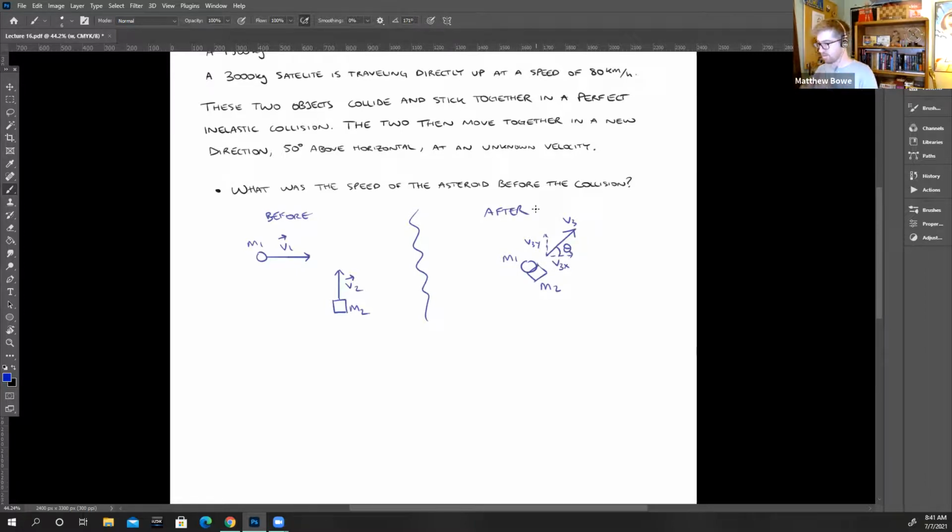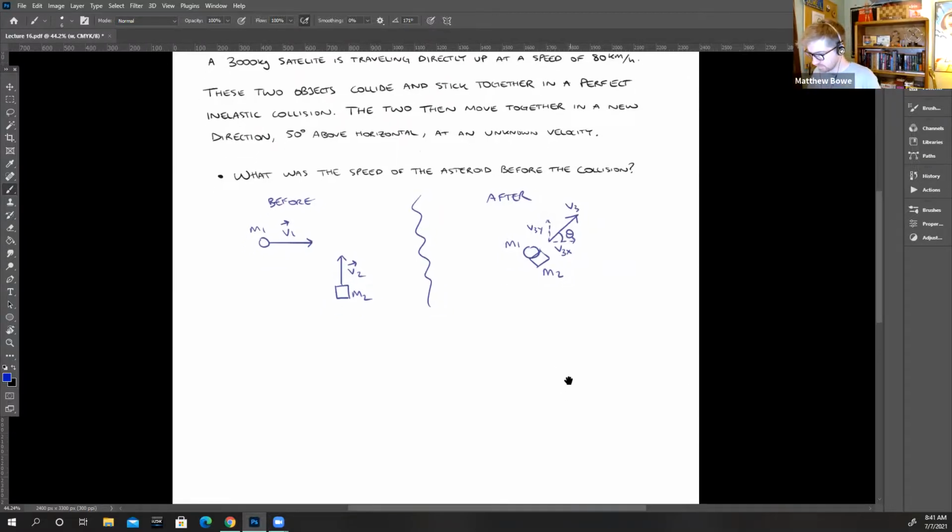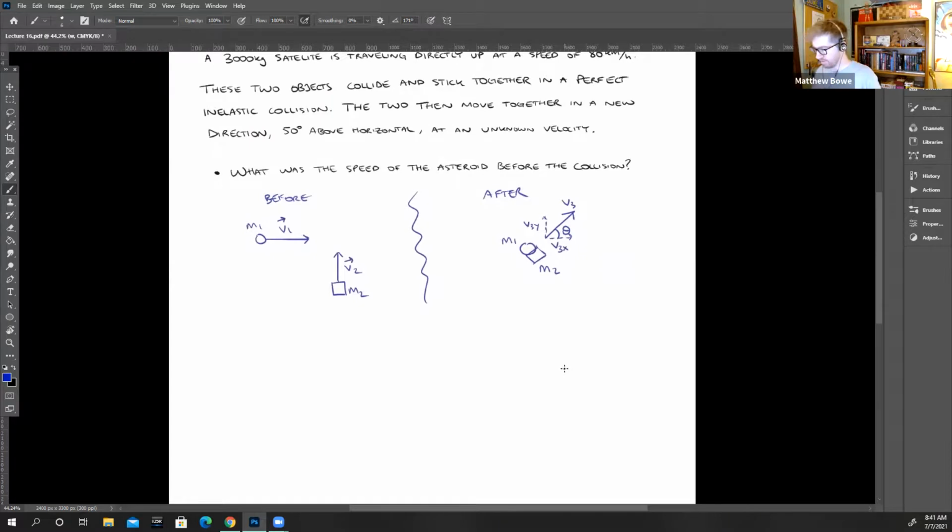So the exact moment of collision is important to us. What we want to do is compare before to after. So M1V1 plus M2V2 is equal to M1 plus M2 times this new unknown velocity, V3.